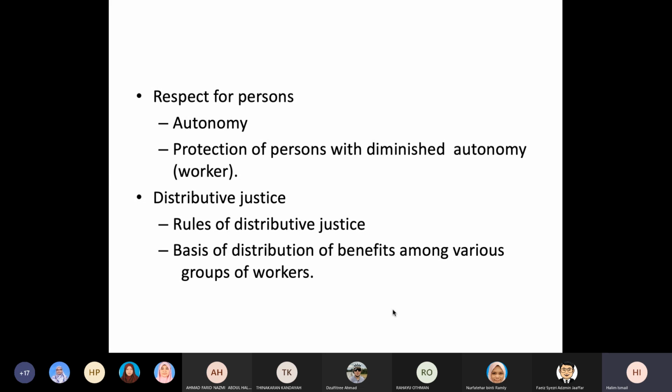Okay, and then in terms of distributive justice, the basis of distribution of benefits among various groups of workers. So sometimes there's a conflicting element there as well. Of course, the bosses will have much better medical benefits, right?